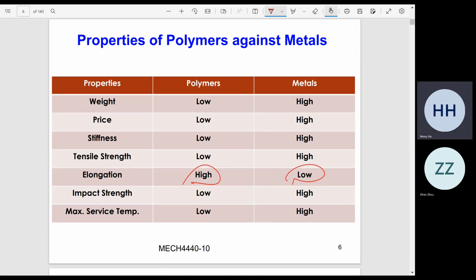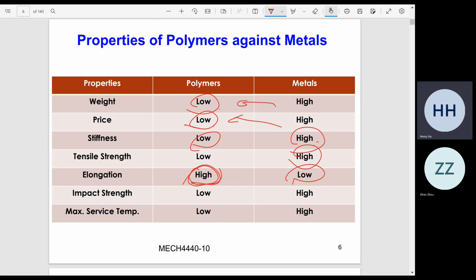And as I mentioned before, the weight, metal definitely cannot compare with the polymer. Polymer is very light, and cost is low. Okay, the price is low, and stiffness is low compared with metal. So metal is good. Okay, the strength of metal is also good. But the elongation wise, it depends what type of the polymer you have over there.